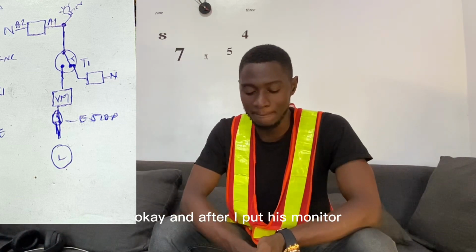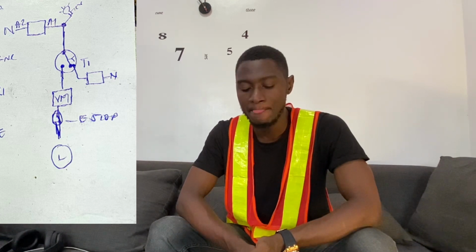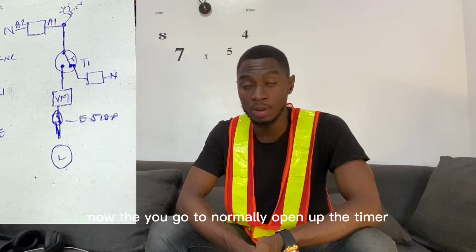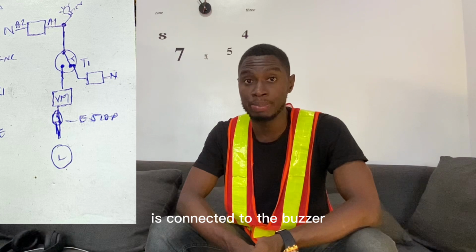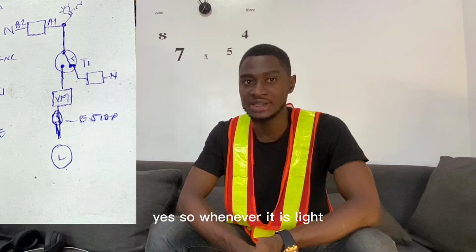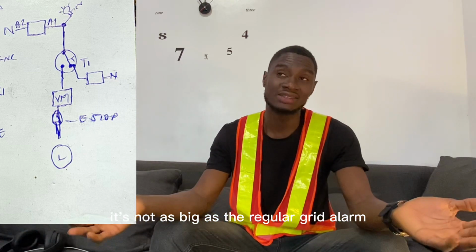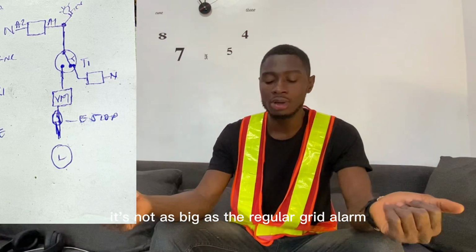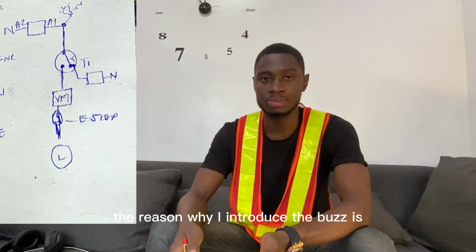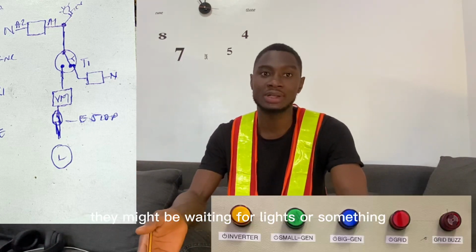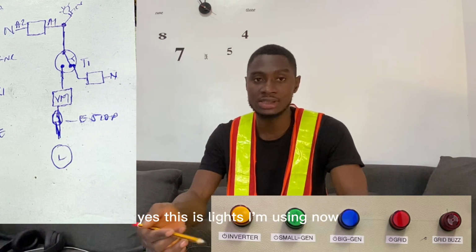Okay, and after the voltage monitor, it goes to the timer. Now it goes to the normally open of the timer. The normally closed of the timer is connected to the buzzer. Yes, so whenever there's light, it makes noise for some time before it changes. It's not as loud as a regular grid alarm. The reason why I introduced the buzzer is simply because they might be waiting for lights or something, and it is just to notify them that yes, this is light you're using now.